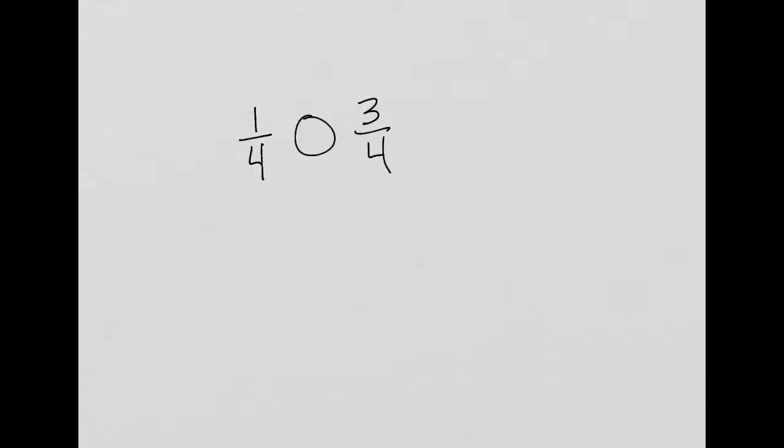Well, you would look at the denominators. So you want to think of the denominators as pieces. So there are 4 pieces in this one and 4 pieces over here. So you're comparing like dividers, or divisors as you would call it. But you have 4 pieces compared to 4 pieces.